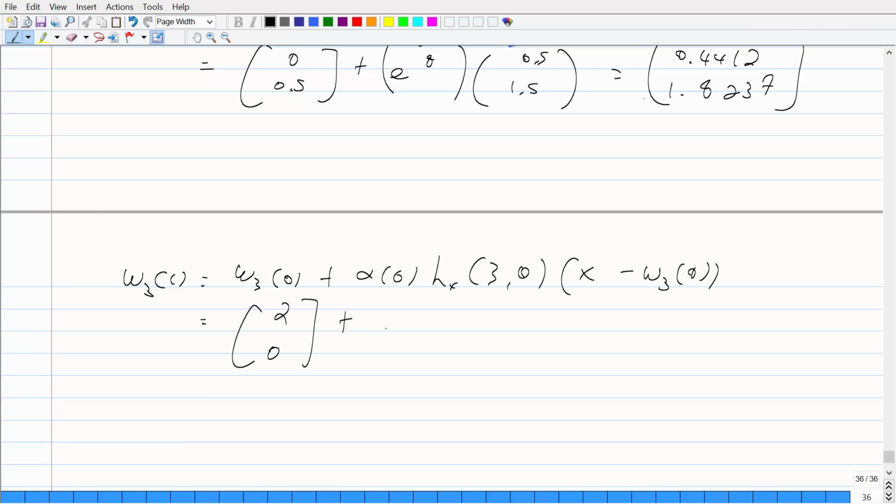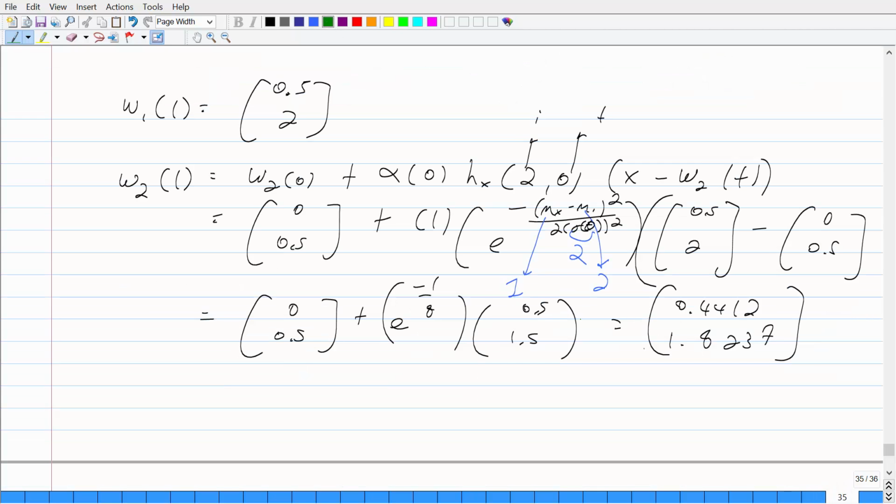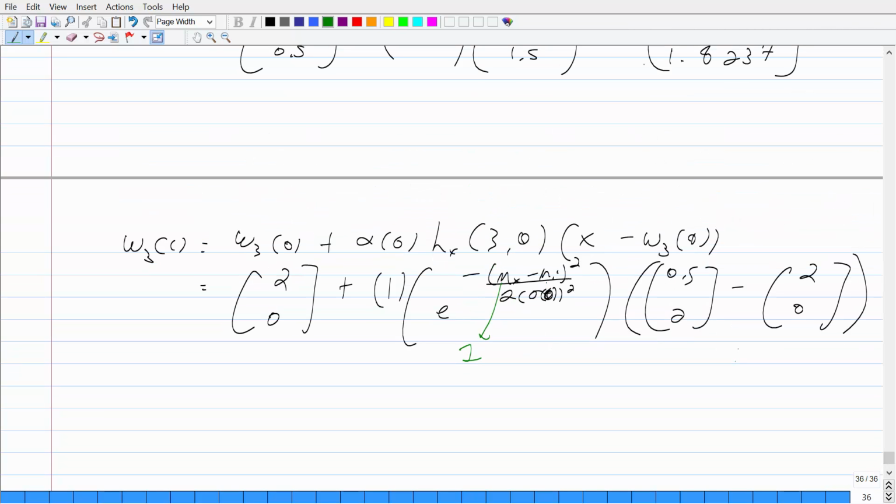Plus alpha 0. This would become 1, okay? And this is e to the power, and then 2, and then this is 0, okay? And then x would be 0.5 and 2 minus 2 and 0. Okay, remember, this is the best matching unit position. They match position 1. This number here is position 3. This is neuron 3. And this here is 2.